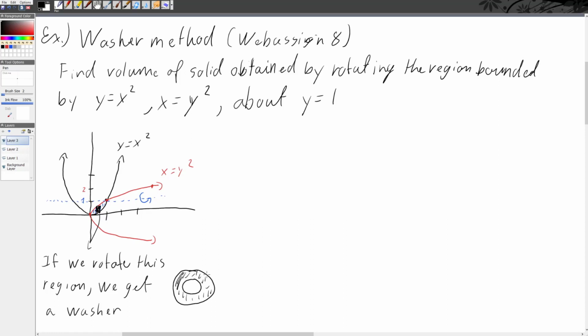If you look at it straight across, what is the area of this washer? The area of this washer is going to be exactly the same as we did back in finding area between two curves. It's going to be the area of the big circle minus the area of the little circle.